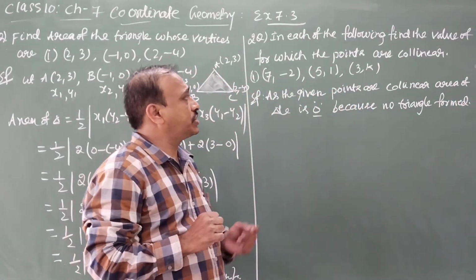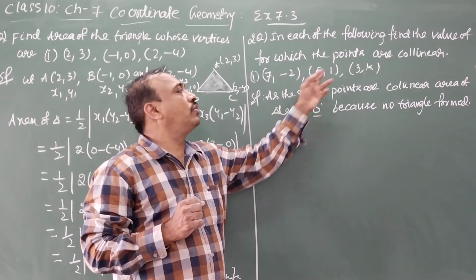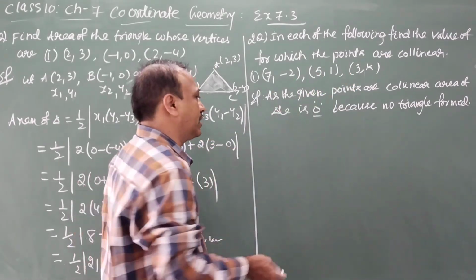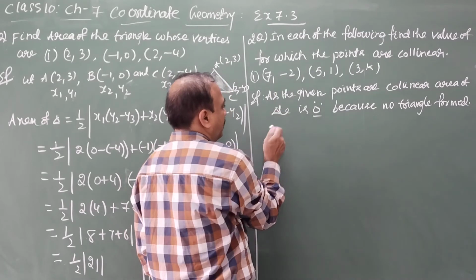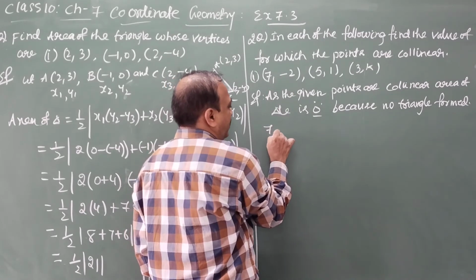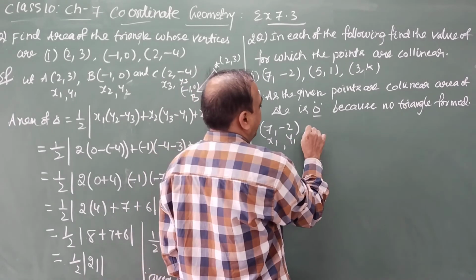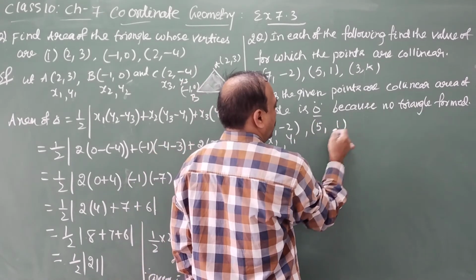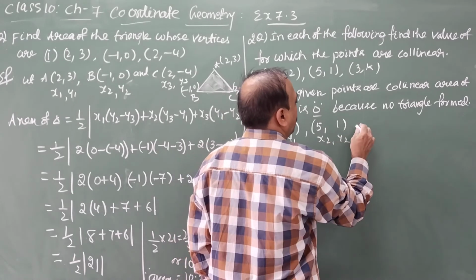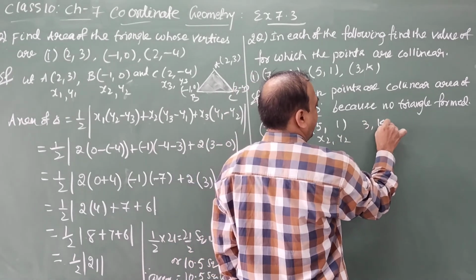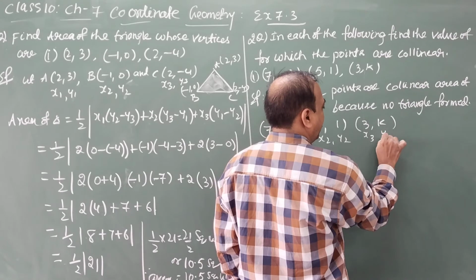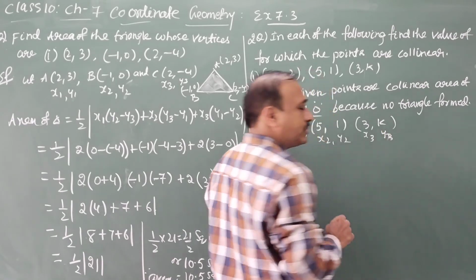Now, if the area is equal to 0, you have to find the unknown term. So this is x1, y1: (7, -2). Then (5, 1) is x2, y2 and (3, k) is x3, y3. So the area is equal to 0.